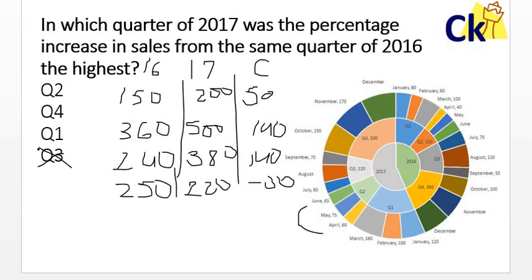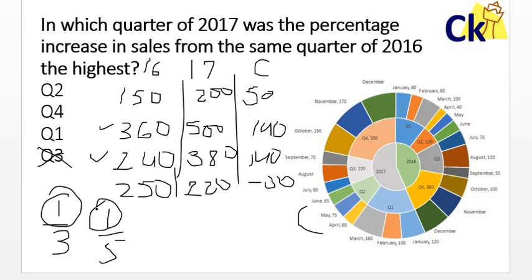Now let's see for quarter 4 and quarter 1. Now the change is 140, but the bases are different. We'll take an easier example than this. If we compare 1 by 3 and 1 by 5, see the numerator is the same.